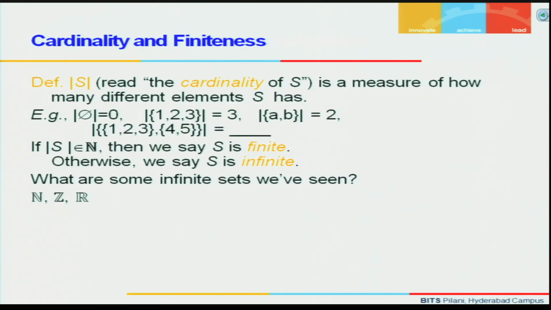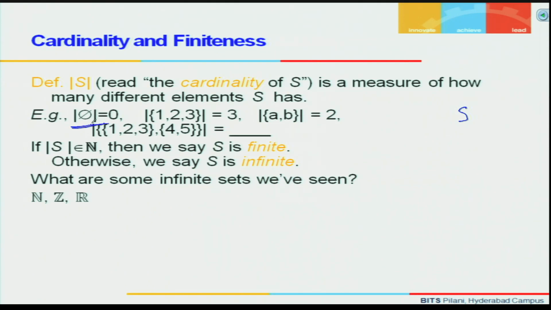Then cardinality. The cardinality is very simple. You have got a set S. Just count the number of elements that are there inside this set S. That number is called the cardinality of S. As simple as this. Now, our obvious set, the empty set. What is the cardinality of the empty set?